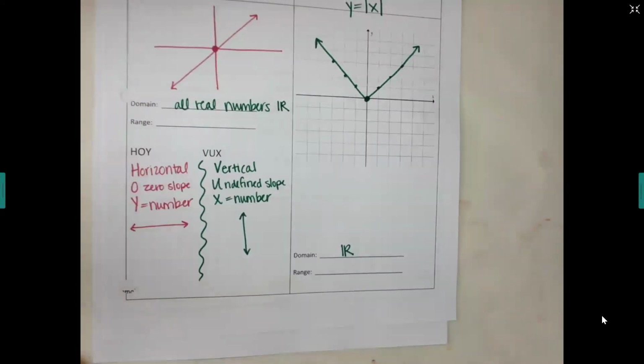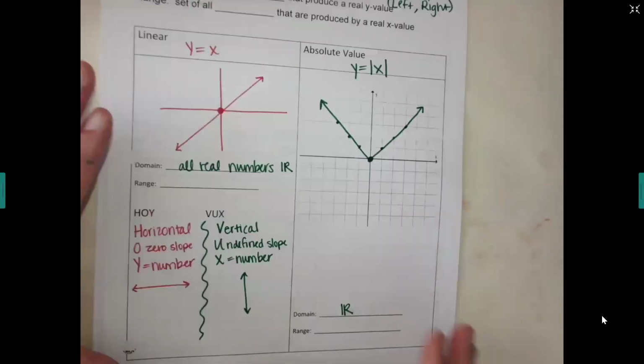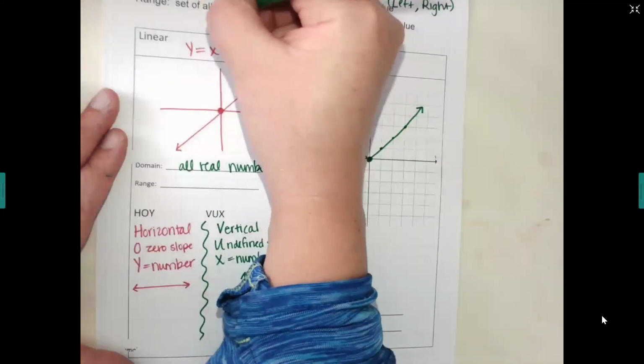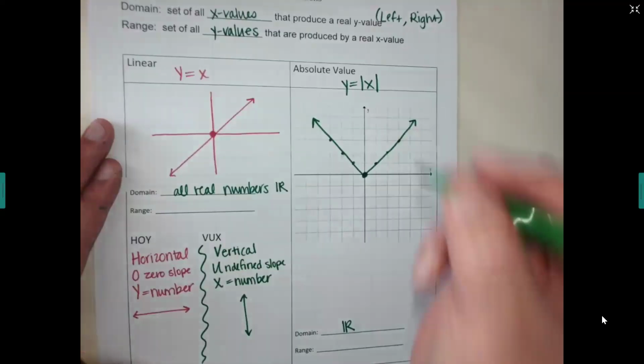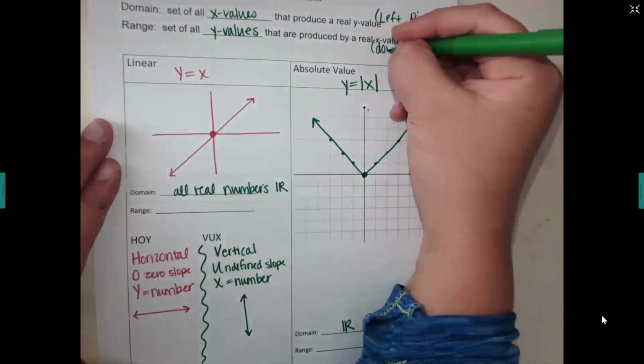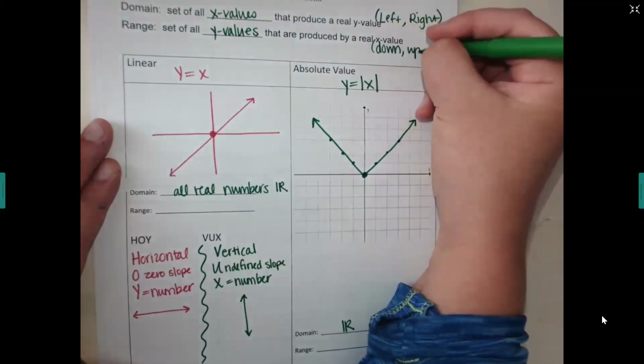Now, for range, remember you're not going left and right, you're going down and up. So up here next to range, I want you to put it's all the y values. And you're going to go down first, up second.